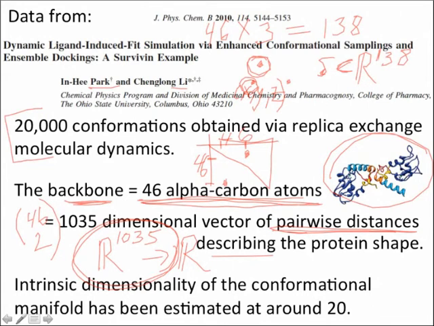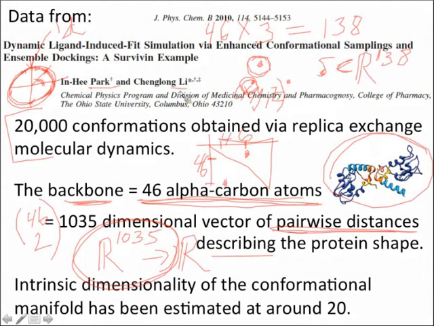It might live originally in 138-dimensional space, but a circle, if I draw a circle, lives in 2-dimensional space, but I really only need 1 dimension, the angle, to describe the circle. So a circle is 1-dimensional, even if we have to draw it in at least a 2-dimensional space.